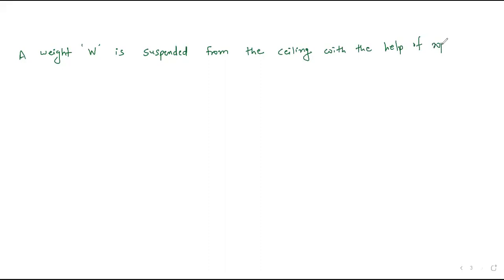So now the next numerical. A weight W is suspended from the ceiling with the help of rope as shown in figure.